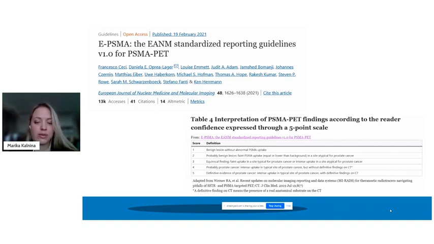MI-RADS stands for molecular imaging RADS, and there is a 5-point scale: benign, probably benign, equivocal finding, standing for MI-RADS 3 or MI-RADS 4, probably prostate cancer, and MI-RADS 5, definitive evidence of prostate cancer. And this is more useful to everybody to understand what we mean.